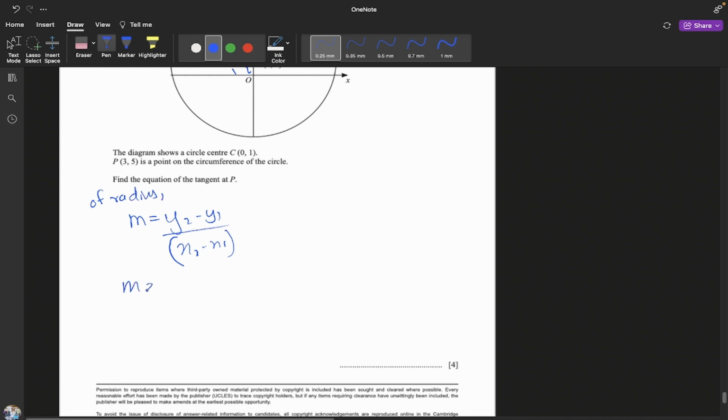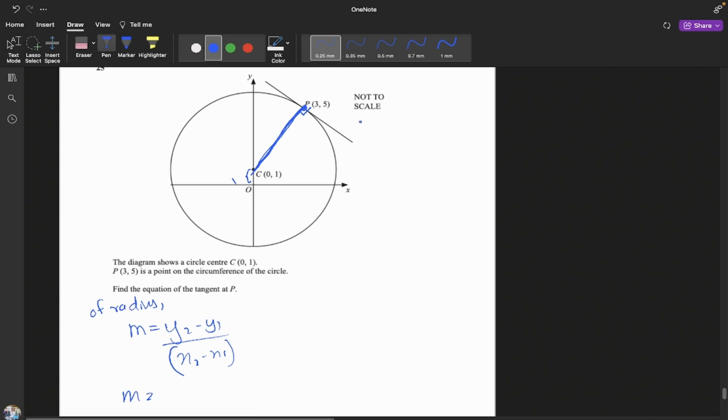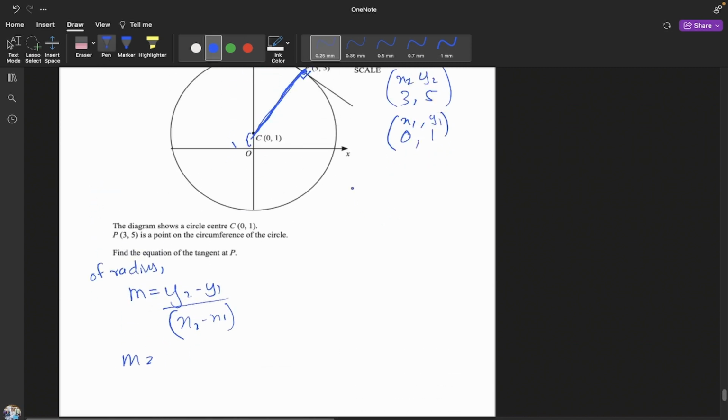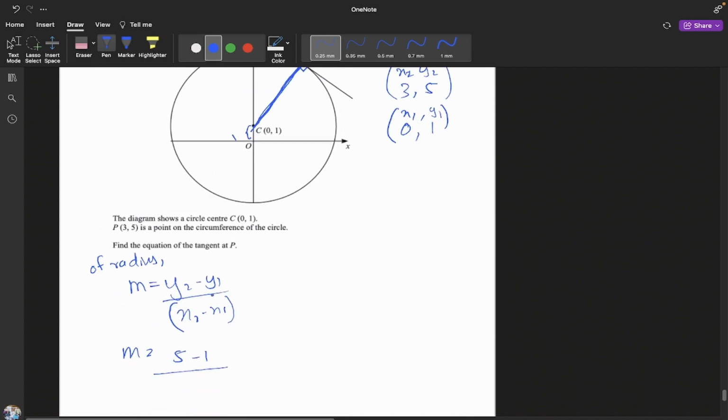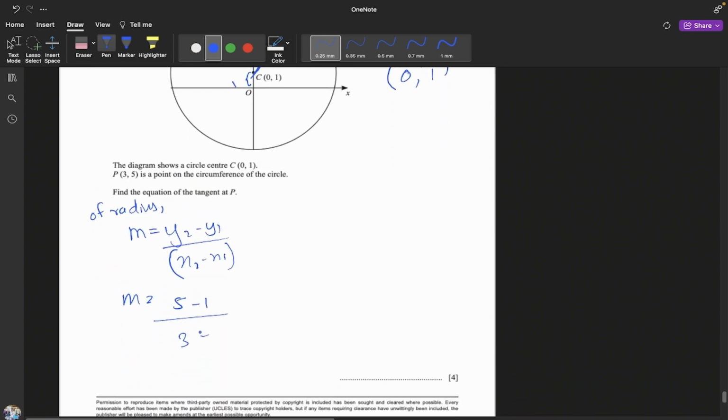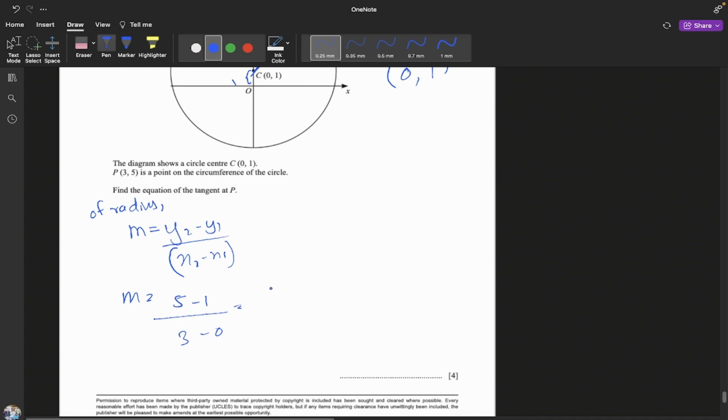So gradient is given by y2 minus y1 over x2 minus x1. I'll take 3, 5 as x2, y2 and 0, 1 as x1, y1. Okay, y2, 5 minus 1, 3 minus 0. It is 4 over 3.